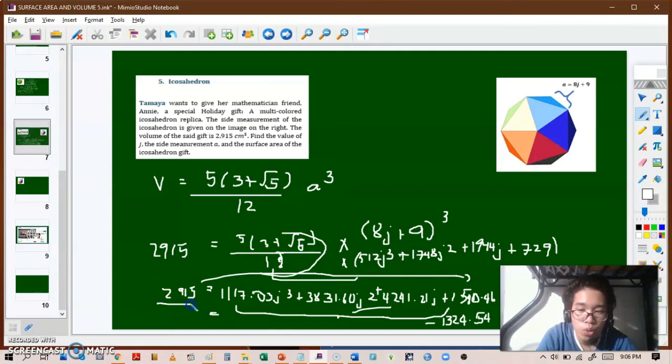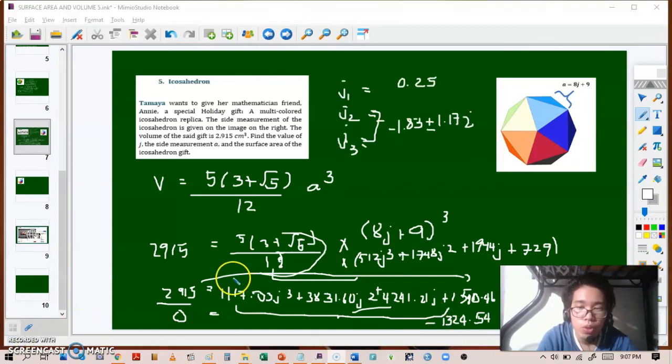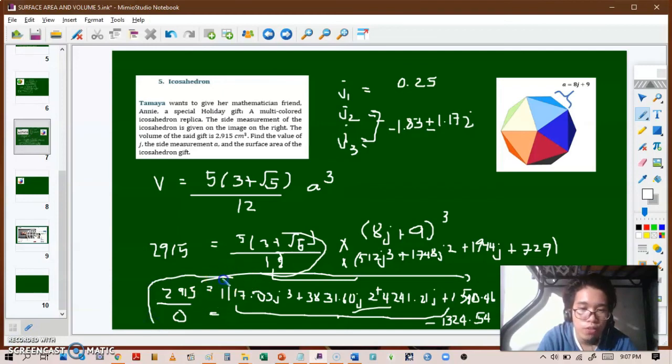Then we transpose 2915 to the other side, so 0 is equal to 1117.03 J cubed plus 3831.60 J squared plus 4241.21 J minus 1324.54.